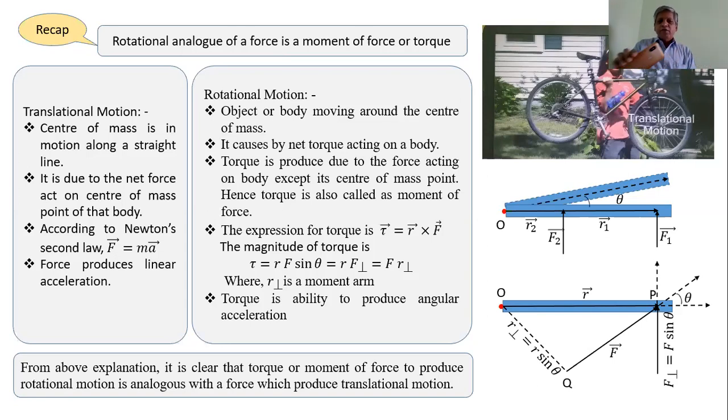Translational motion is due to the net force acting on the center of mass point of the body, and rotational motion is caused by the net torque acting on the body.